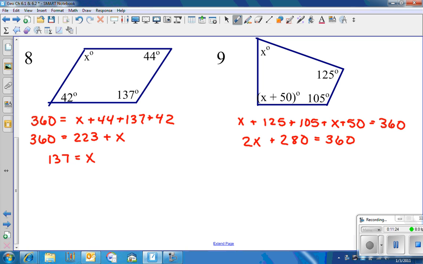Subtract the 280 from both sides. And divide by 2. So x is 40. So then I need to find x plus 50. Okay, so this one's 90 degrees.